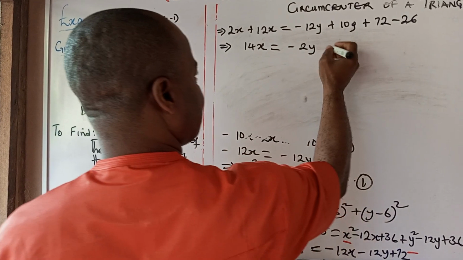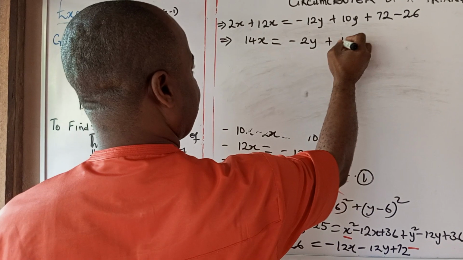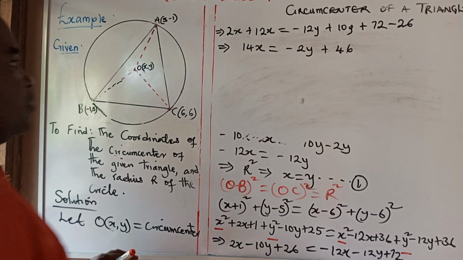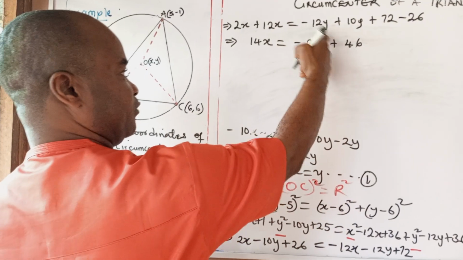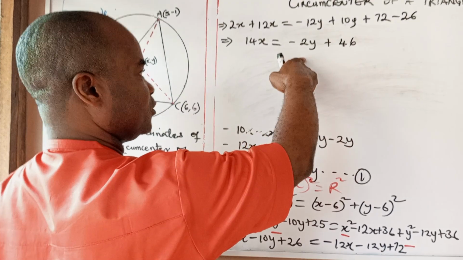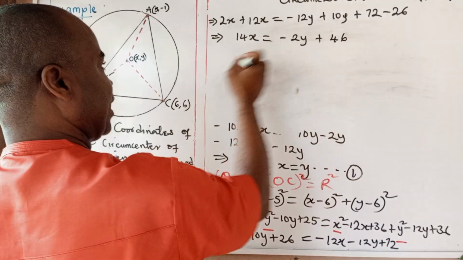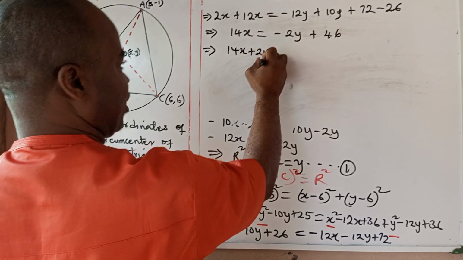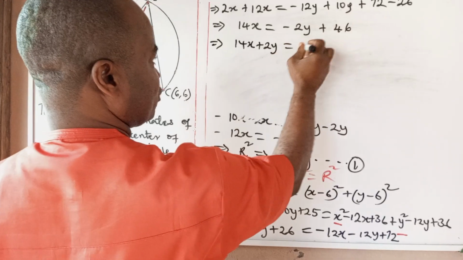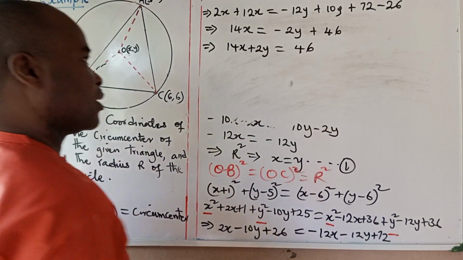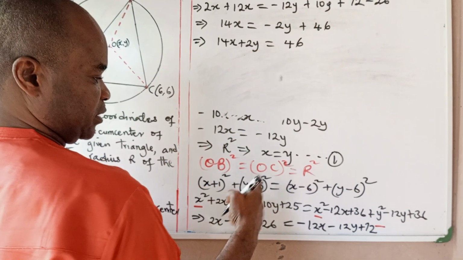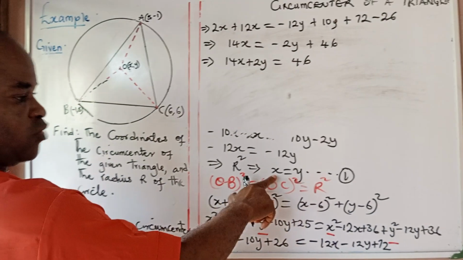This minus this will give us plus 46. Okay, at this point, if we collect terms, the additive inverse of this becomes positive 2y, so that we have 14x plus 2y is equal to 46. And recall that from our equation 1, x is equal to y.